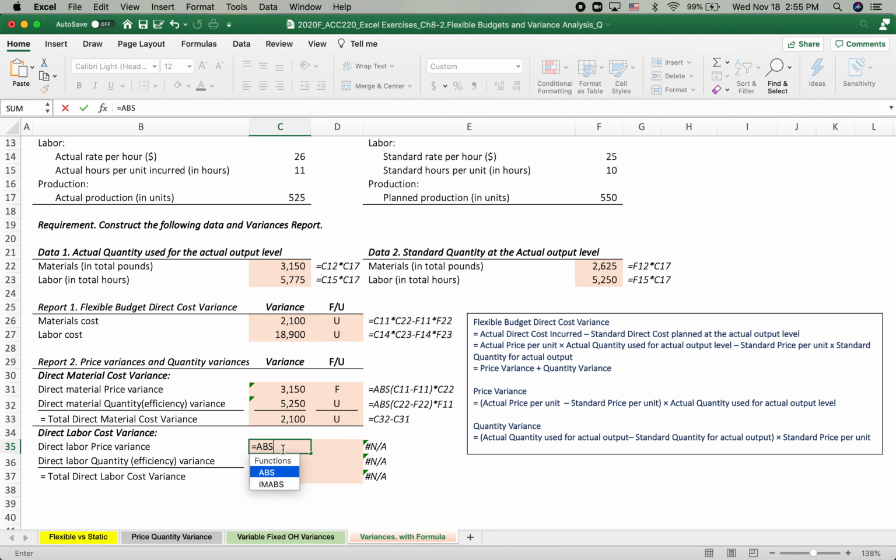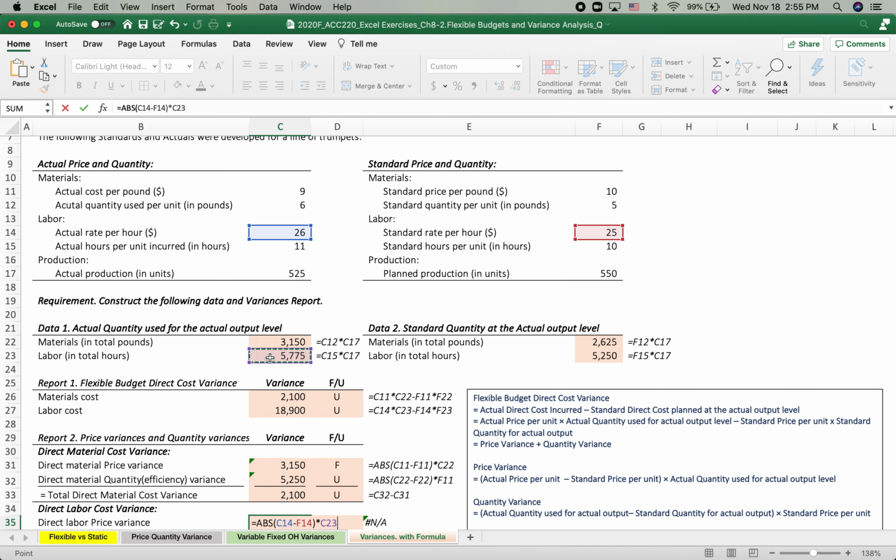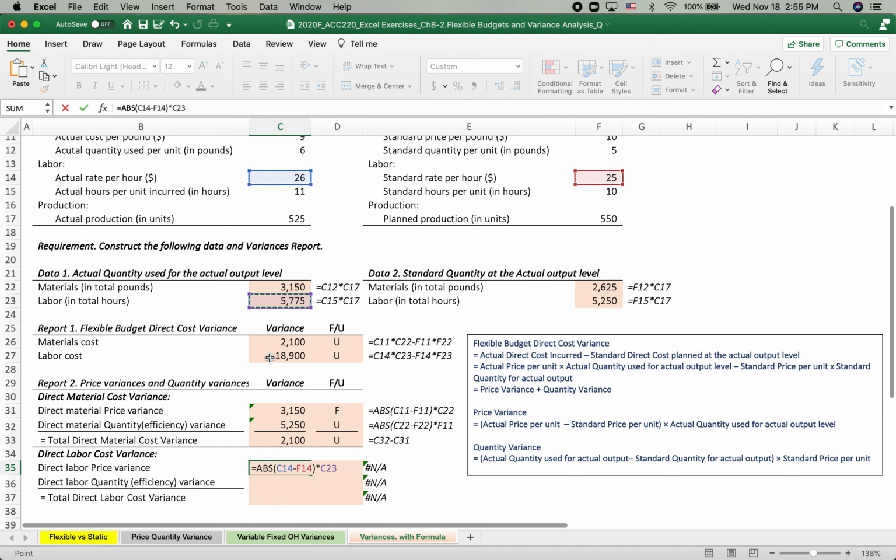Okay, in the same way, let's calculate direct labor price variances. So ABS price variances, how do you get it? $26, the actual rate per hour, minus 25, and then times what we need, 5,775, the labor quantity.